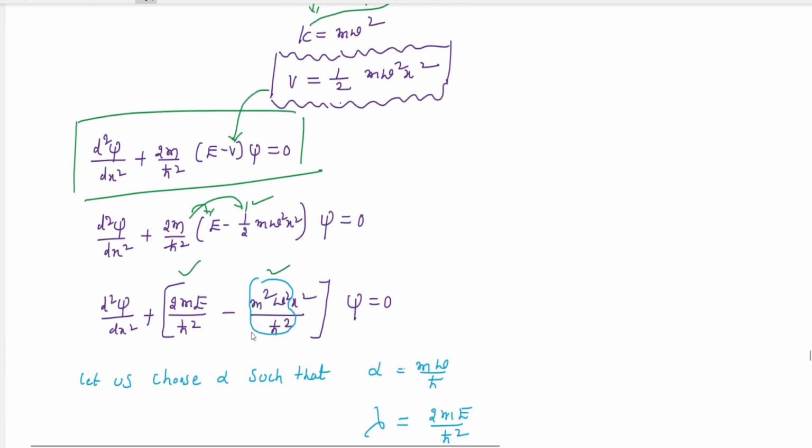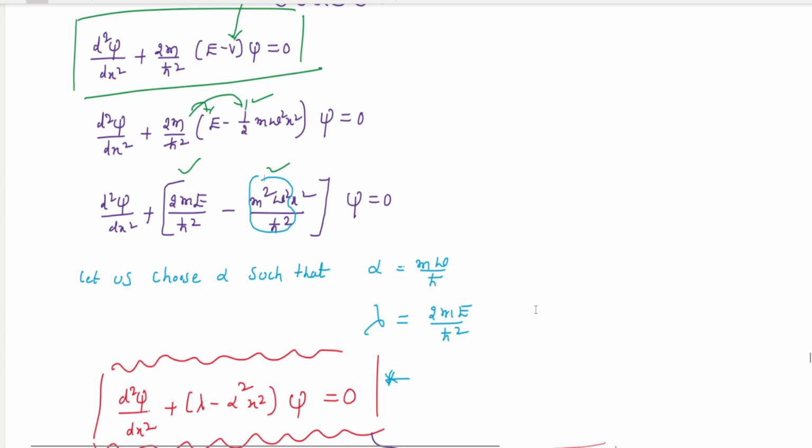Okay, so now here I'm considering one new symbol, that is alpha, m omega divided by h cross, and lambda I'm going to consider 2mE divided by h cross square. Then the remaining equation becomes like this.